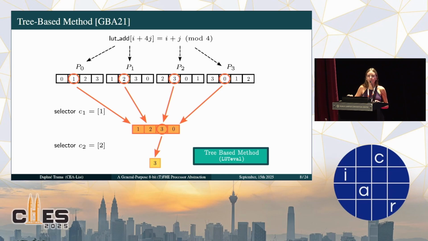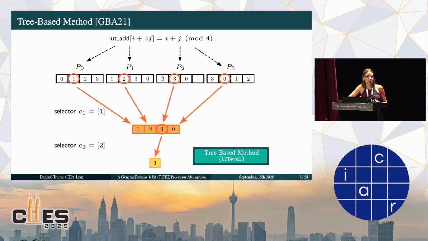And then we can perform bootstrapping on this polynomial with selector C1, which gives us 4 new ciphertexts that we combine together to create a new polynomial. And you can see that this new polynomial in orange is, in fact, the function plus C1. And then we can perform bootstrapping on this new polynomial with, this time, selector C2, and it gives us an encryption of 3, which is what we wanted.